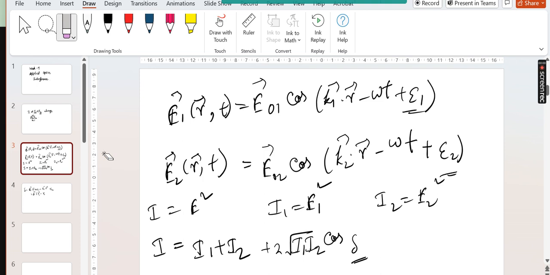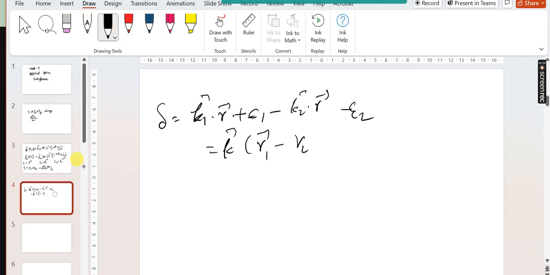Or we can write it here as k(r1 minus r2) plus epsilon 1 minus epsilon 2. This is the phase difference, the initial phase difference, we can say.